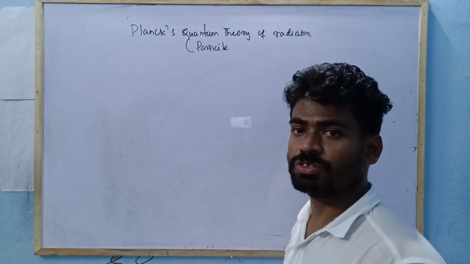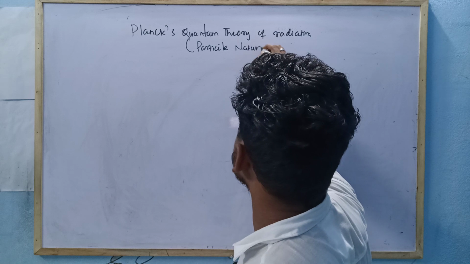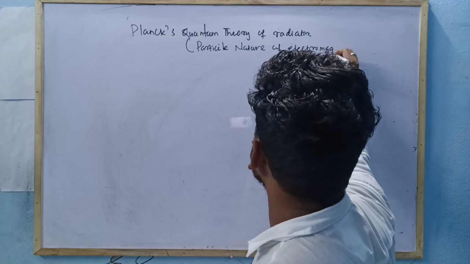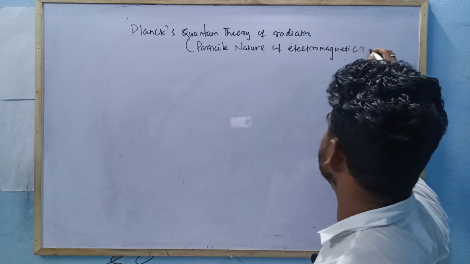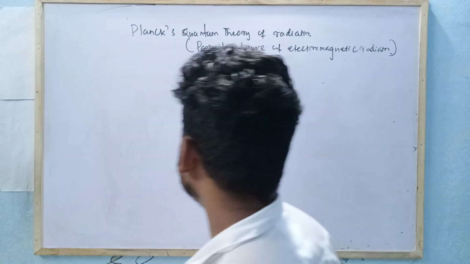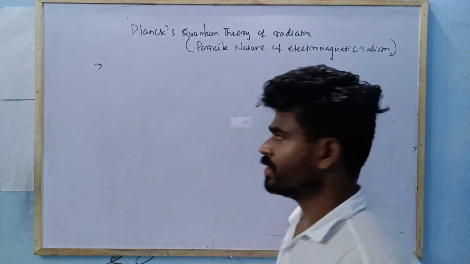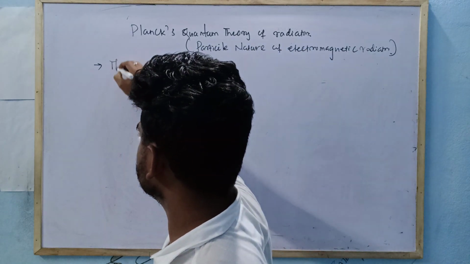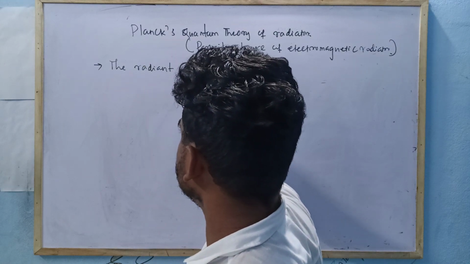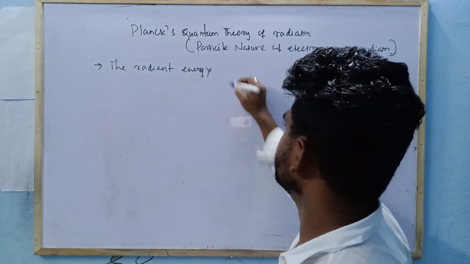Now there is another nature also, the particle nature of electromagnetic radiation. The first point: the radiant energy is absorbed or emitted not continuously.